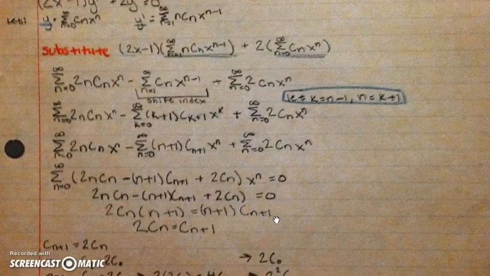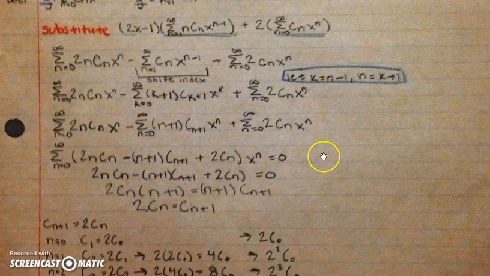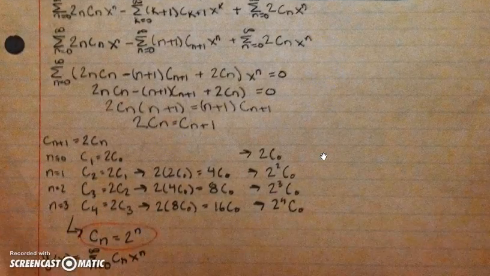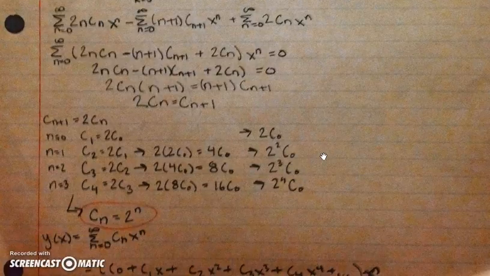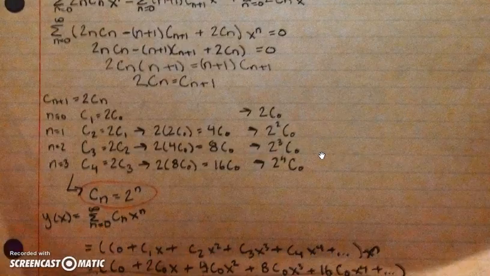And then if you divide this n plus 1 out, you get 2 c_n equals c_(n+1). I know that's a lot to take in with all those n's and c's, but hopefully it was easy to follow with the work there.